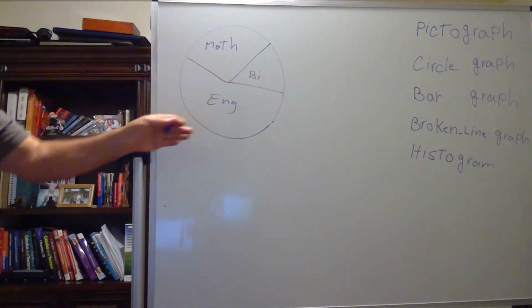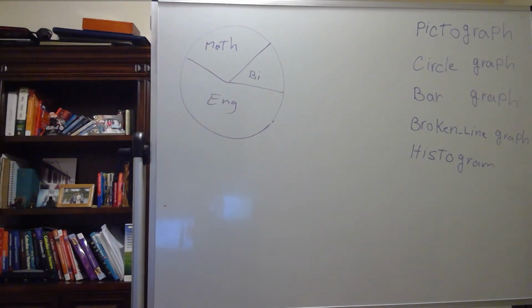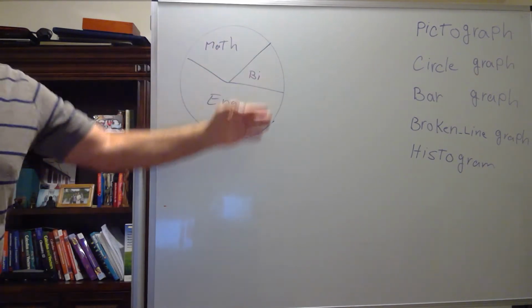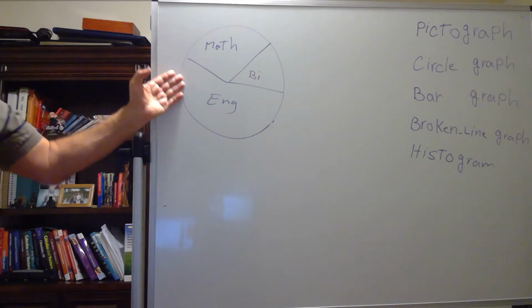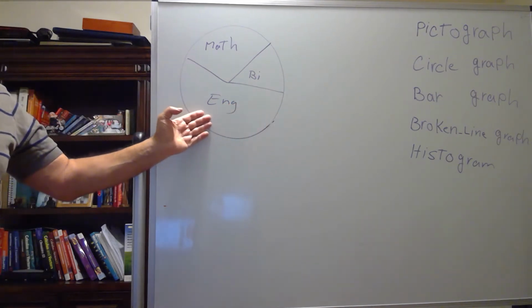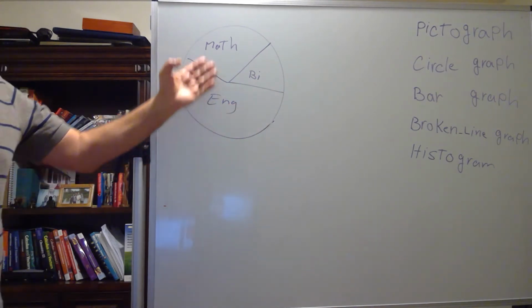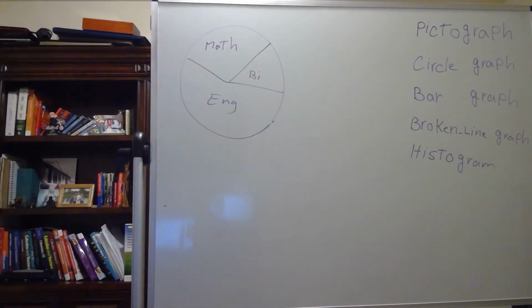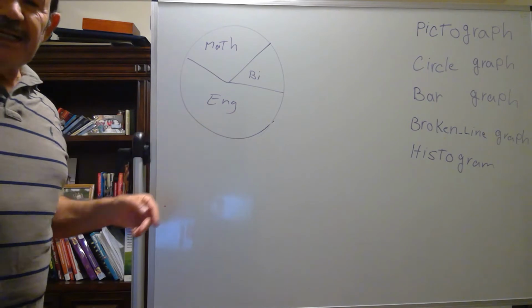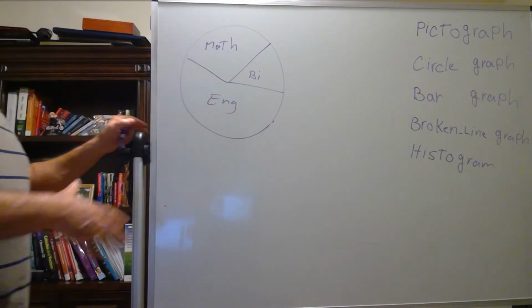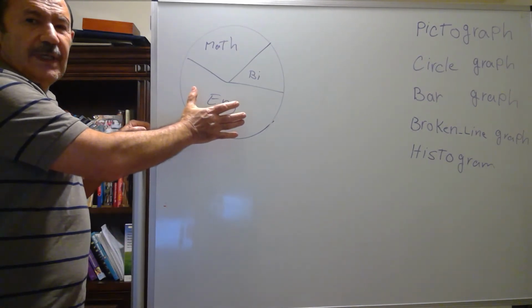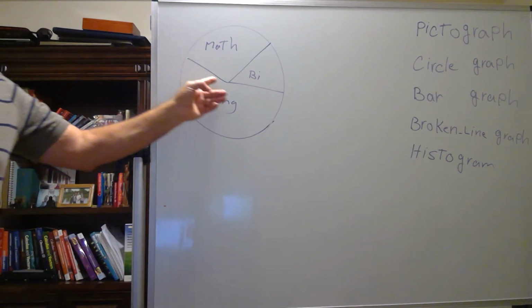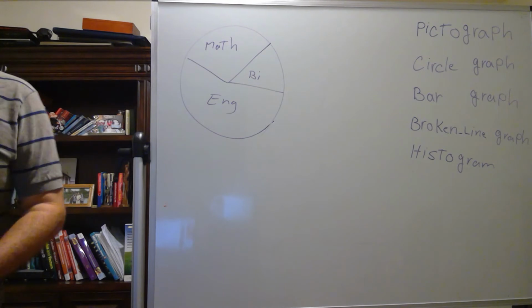Even without showing the data, just by paying attention to this circle graph, we can see that the number of students in English class is bigger than the number of students in math class and biology class. In the circle graph, we show the amount of information or the amount of data by using a part of the circle.